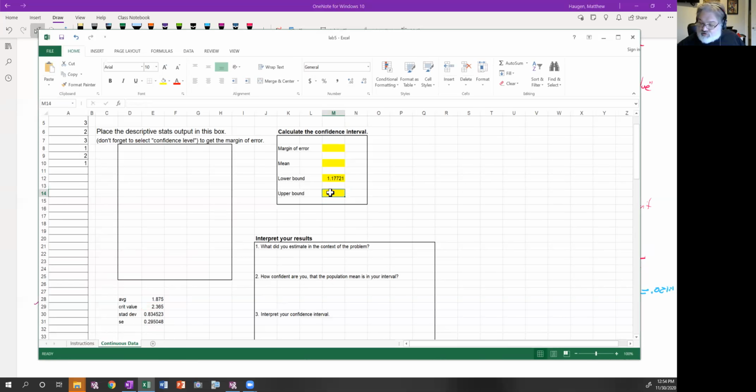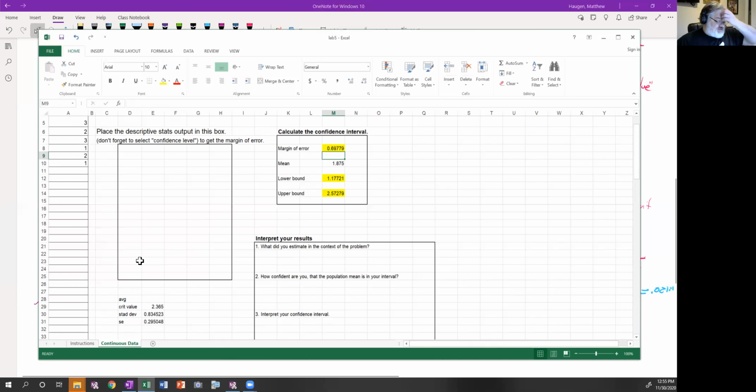And then the upper one would be our mean plus our critical value times standard error. We could put the mean there if we wanted to. The margin of error is the product of the critical value and the standard error, so we could just put equals critical value times standard error. And we could build all of those pieces. Fair?